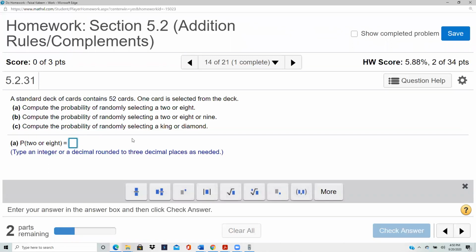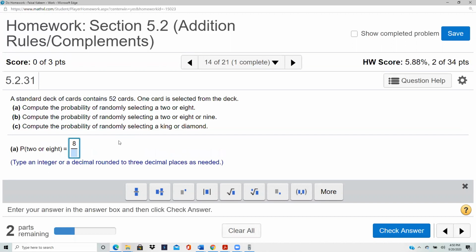Each suit has a 2 and each suit has an 8. There is no overlap between the 2s and the 8s, so you just add them. So 4 2s plus 4 8s, that's a total of 8 cards out of 52. And then you find what that is. 8 divided by 52 is 0.154.